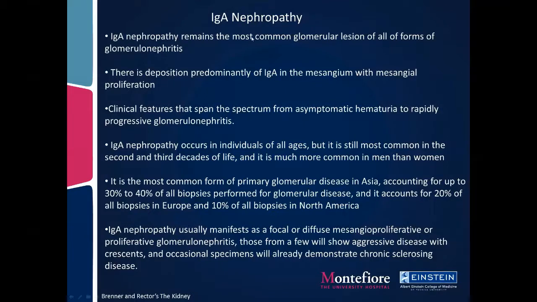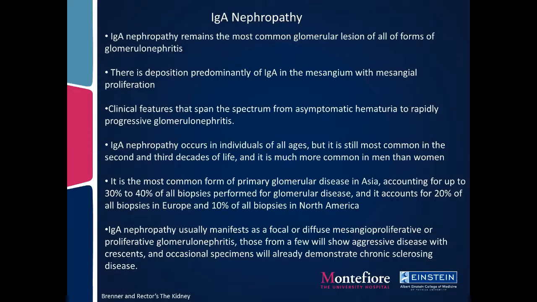So it is the most common glomerular lesion of all forms of glomerulonephritis. The hallmark is a deposition predominantly of IgA in the mesangium with mesangial proliferation. The clinical features can span the spectrum of asymptomatic hematuria to rapidly progressive GN. It's more likely to present with asymptomatic hematuria, minimal proteinuria, mild AKI rather than RPGN. But RPGN cases with IgA can also happen.